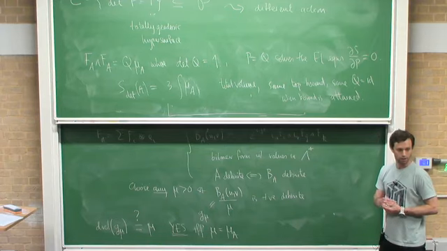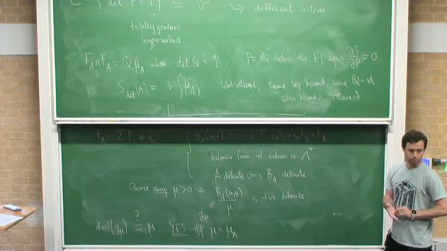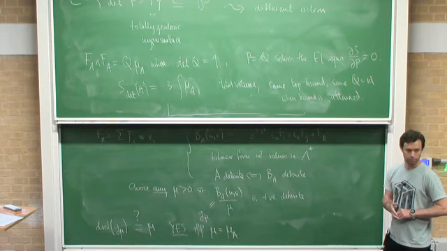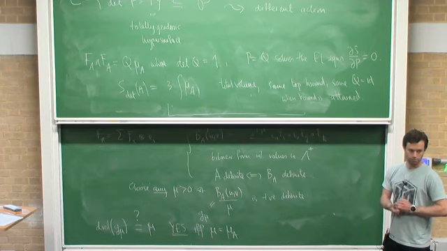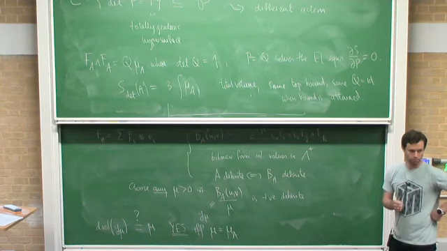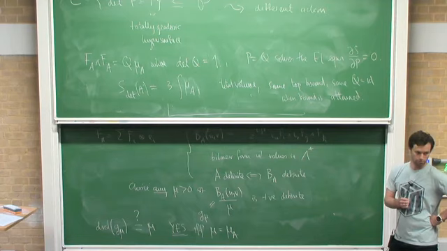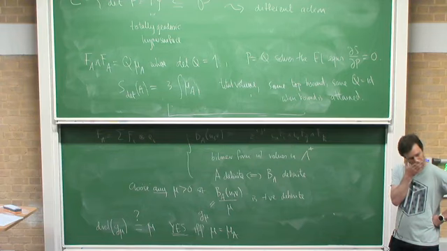Another explanation of what this action is, think about the 1st order formulation of gravity, where you have independent connection and a metric. If you integrate out the connection, you get back the Einstein-Hilbert action, but you can also, as I explained yesterday in the case of 3D, integrate out the metric. Because in the 1st order formulation, the metric enters the action algebraically. If there is a non-zero cosmological constant, you can integrate out the metric.